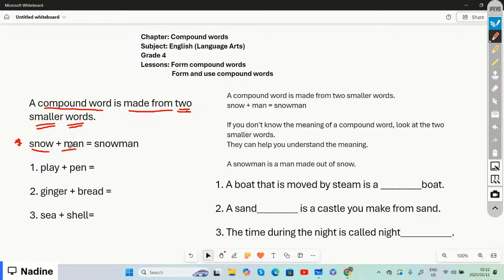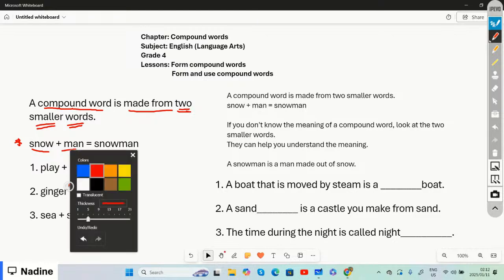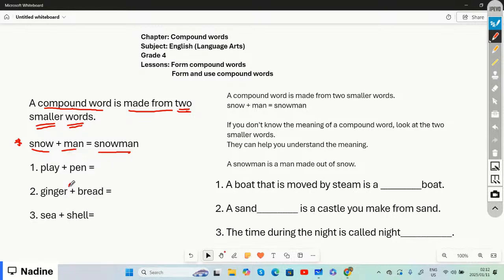So snow plus man is snowman. Then we have play.